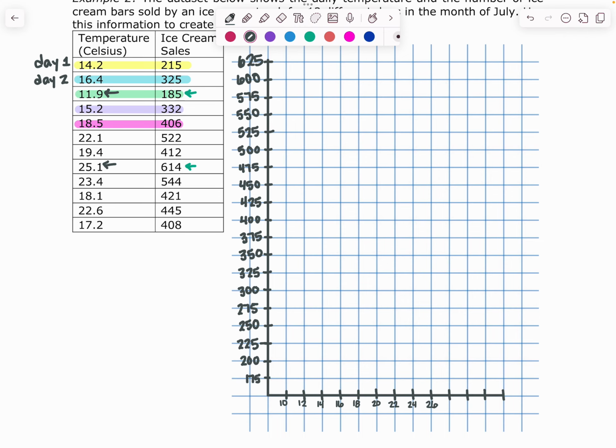There we go, we have our graph. Now I'm going to take each row and plot those points. The first point is 14.2. Along my x-axis, I'm going to find approximately 14.2, and then go up to 215. I'm still doing a little bit of eyeballing here, but it's not too bad.